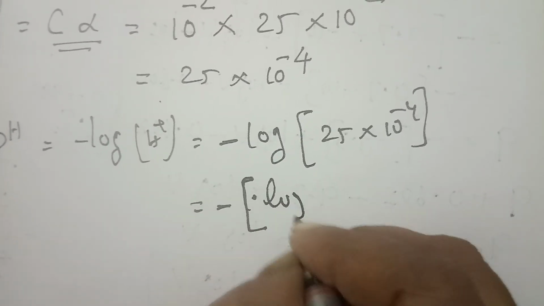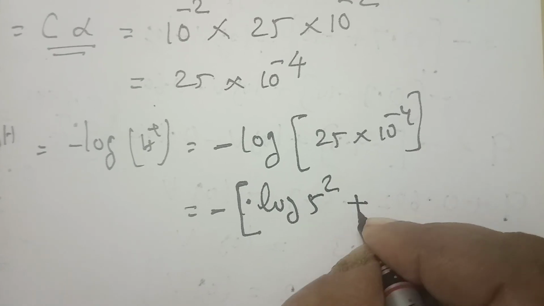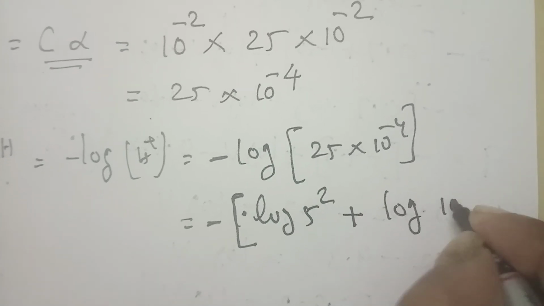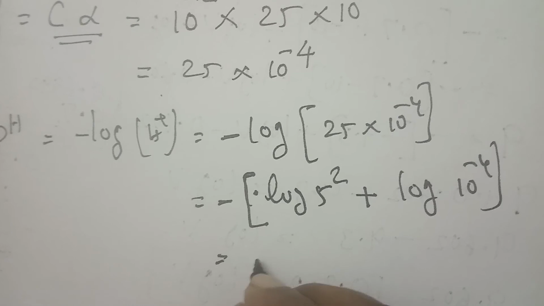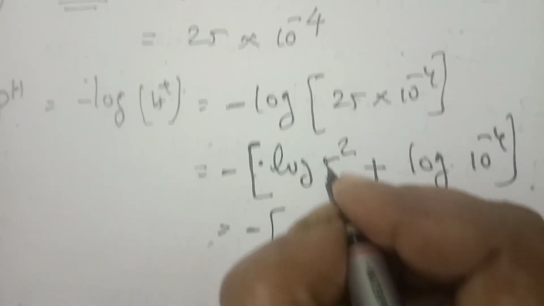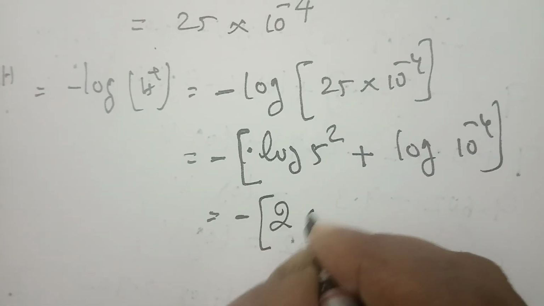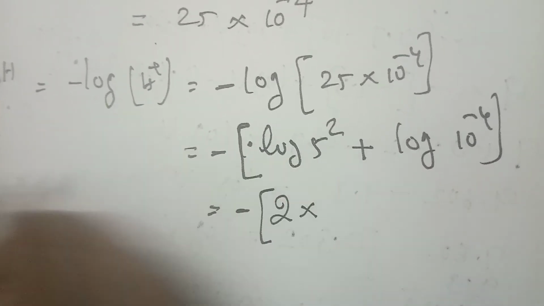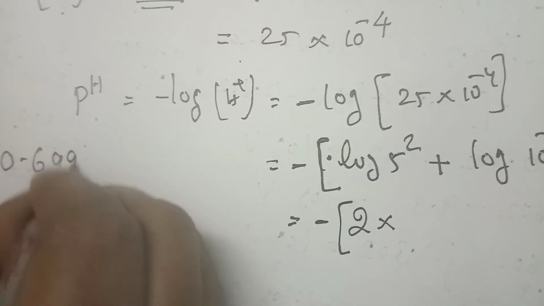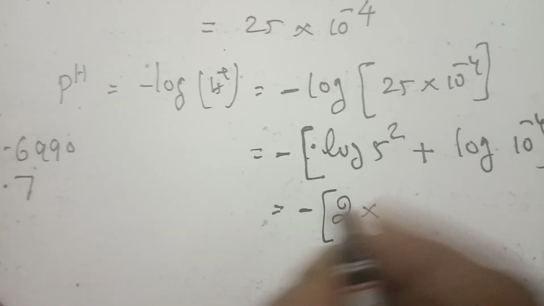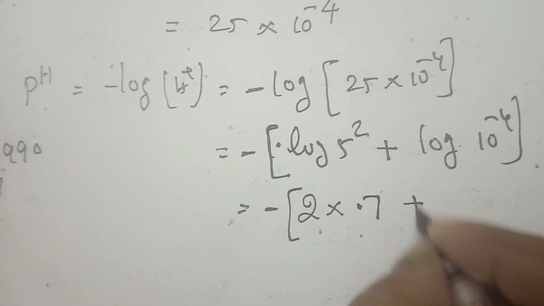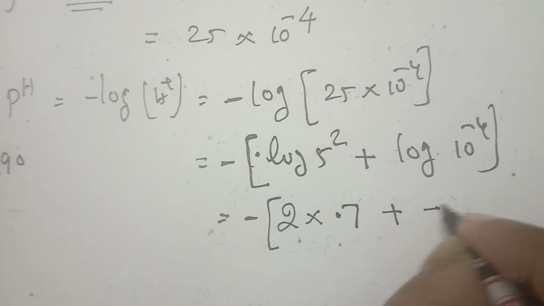Log 5 square plus log of 10 power minus 4. Now here it is 2 into log 5. Already I told you log 5 is equal to 0.6990. You take it as 0.7. That is enough. So 0.7 plus log of 10 power minus 4.